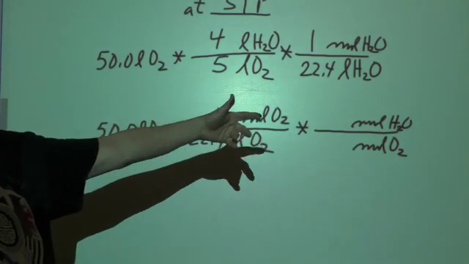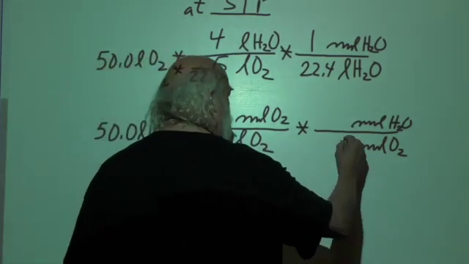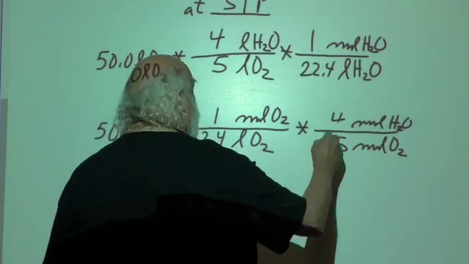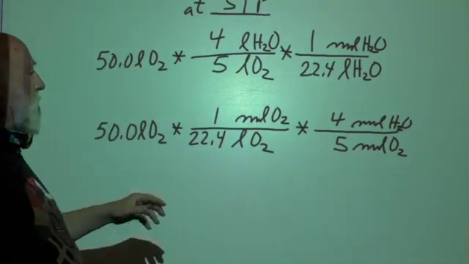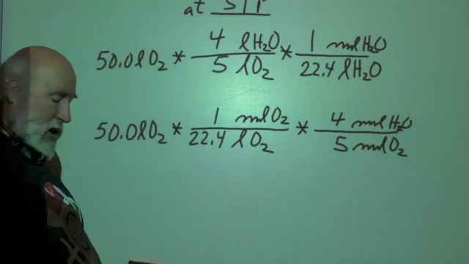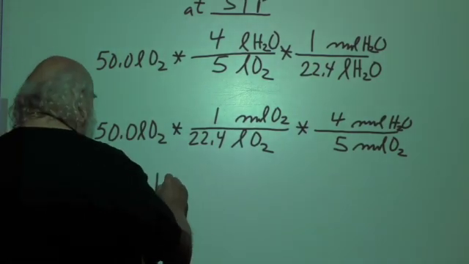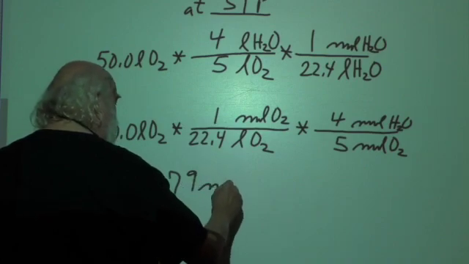Well, this is the moles. And when you go moles to moles, use the coefficients in front of the oxygen, which is 5, and in front of the water, which is 4. And you can see, even though the order is different, it's the same values multiplying and dividing. And no matter which one you use, you're going to get 1.79 moles of steam.